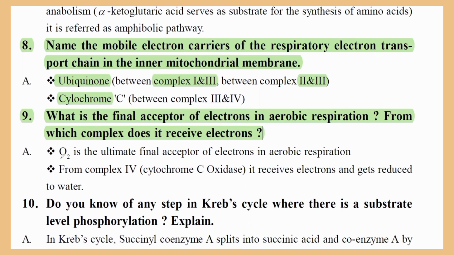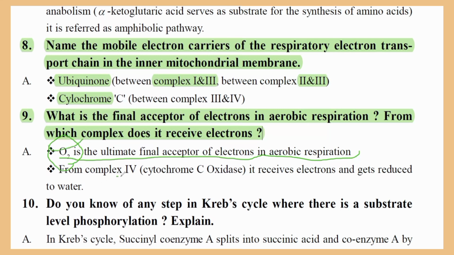So oxygen is the ultimate final acceptor of electrons in aerobic respiration. ఎలక్ట్రాన్ acceptors ద్వారా మూవ్ అయి ఫైనల్ గా ఎలక్ట్రాన్ ఎవరు తీసుకుంటున్నారు అంటే ఆక్సిజన్ తీసుకుంటుంది అన్నమాట. So the ultimate final acceptor of electrons in aerobic respiration is oxygen.